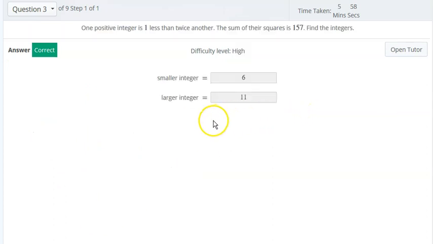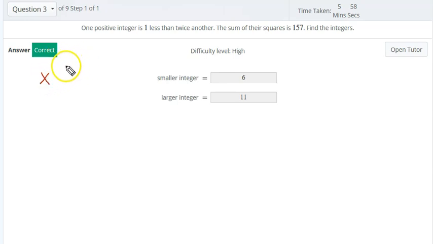Now for our third question, again, you're going to read this and see if you can come up with something. Then I'll go through it. So we'll do this one together. I think you could all agree that x is one of the integers. And again, integers would be like whole numbers, although they could be negative.